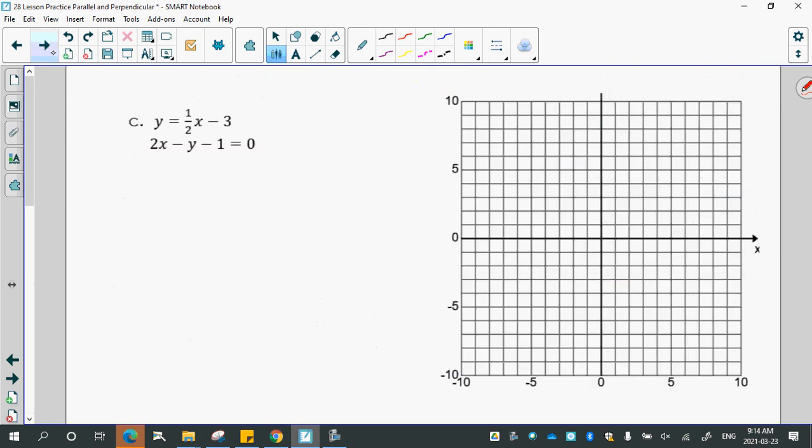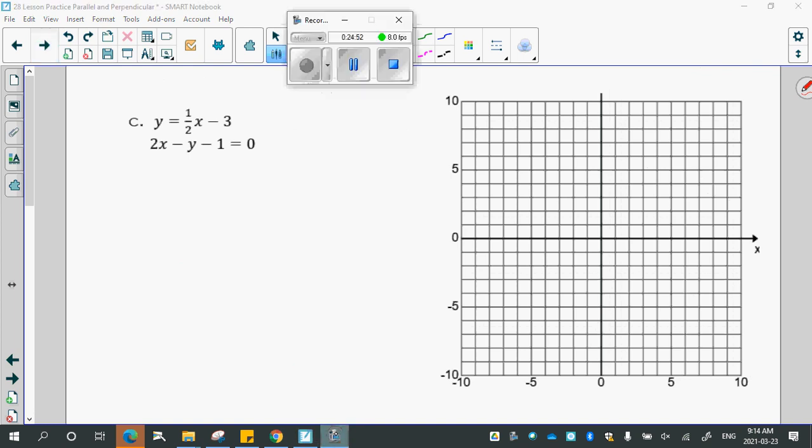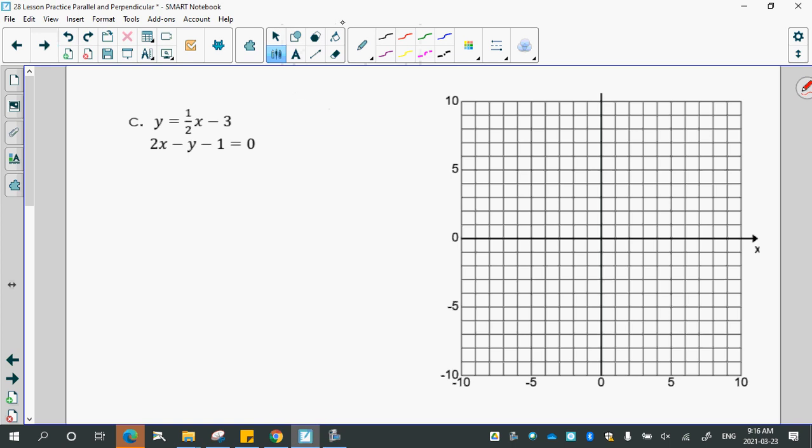So the next one, still the same question, parallel, perpendicular, or neither. I'll give you some time. Give me my line 1, the y-intercept being negative 3 and my slope being 1/2.